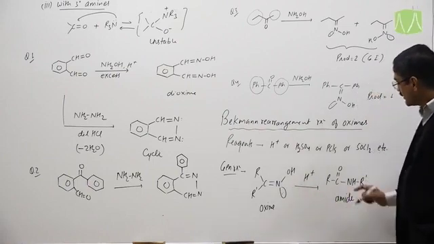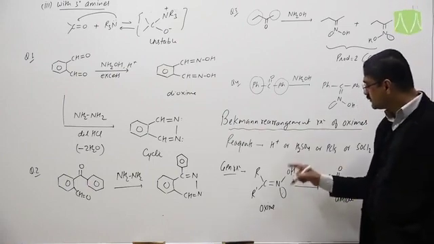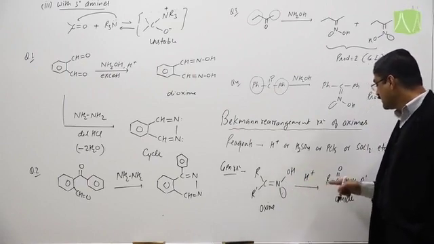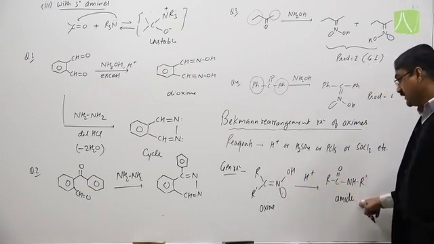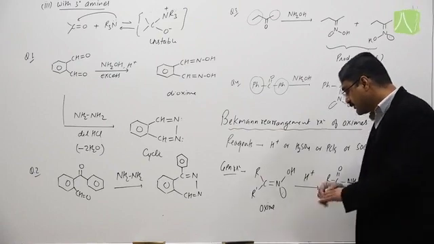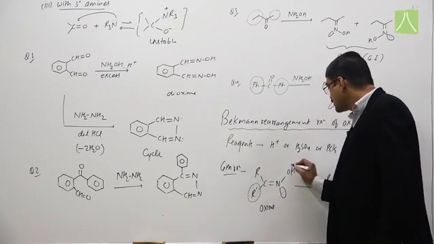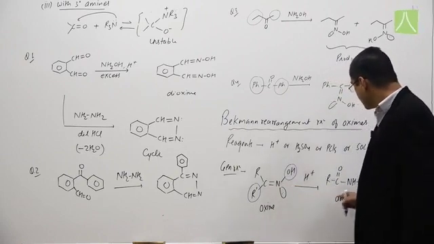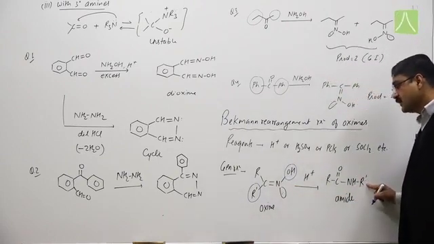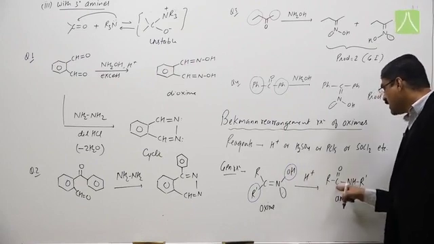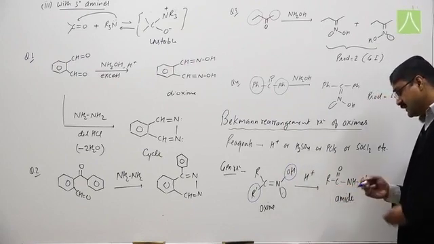So one oxime is converted into one amide. If I take another isomer of this oxime, then another isomer of amide is obtained in this reaction. Very important part is this: the anti group, that is R dash, to the OH group migrates to the nitrogen atom, and the oxygen migrates to the carbon atom. So this amide is obtained.